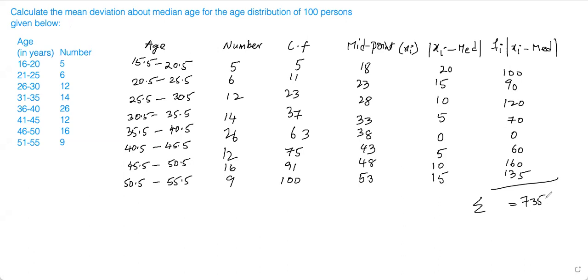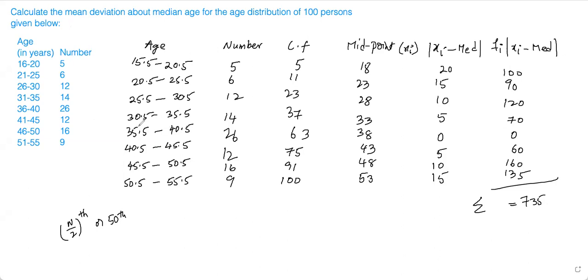Now the class interval containing the n by 2 term, which is the 50th item. What is the 50th item here?